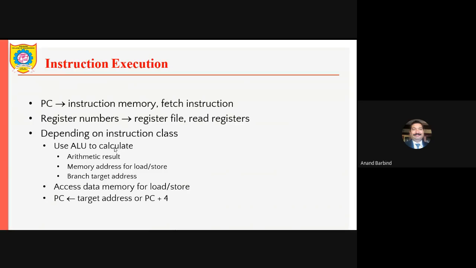So this is the overall instruction execution sequence. Once one instruction is executed, the processor now has the address of the next instruction, so the next instruction is fetched. The address is always contained in the PC, that is the program counter. This is how instructions are executed in any processor.